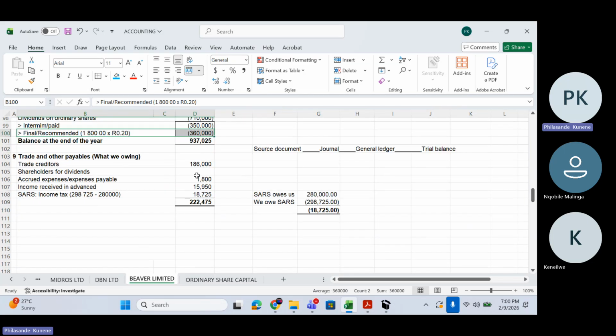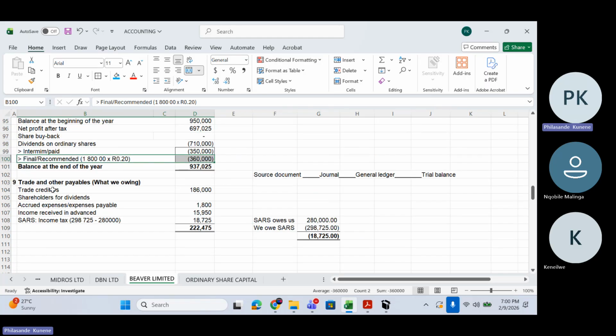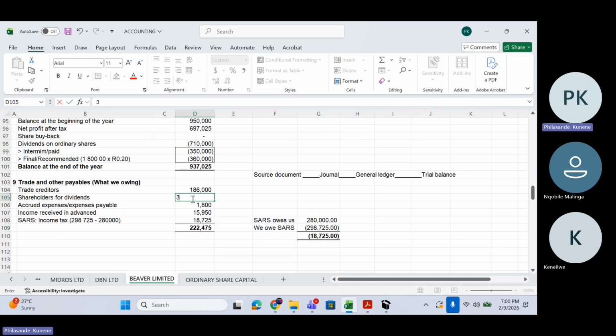So we're going to have the same 360,000 come to note number 9 as something that we're owing. The shareholders for dividends, you must not forget, guys, is dividends that we're owing at the end of the year. We only declared them and we didn't pay them.